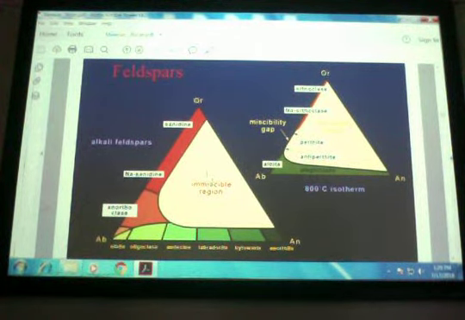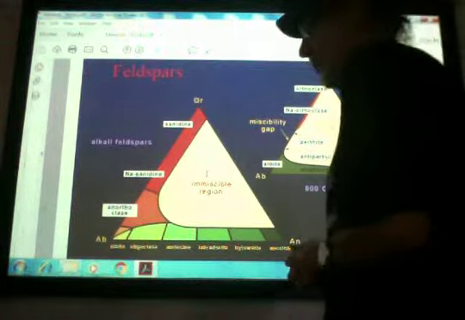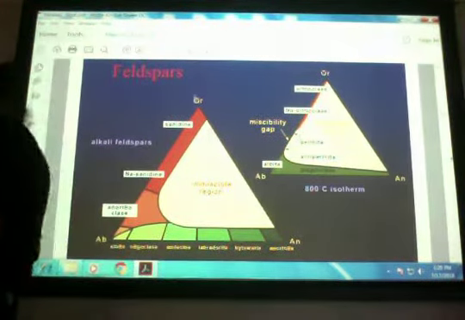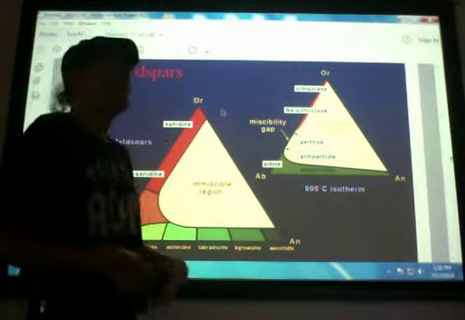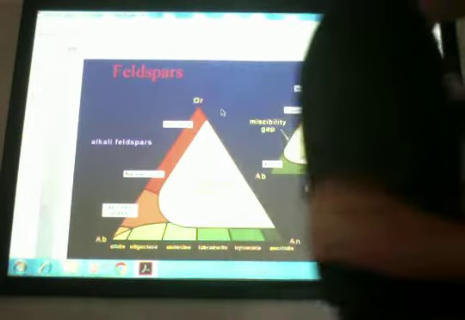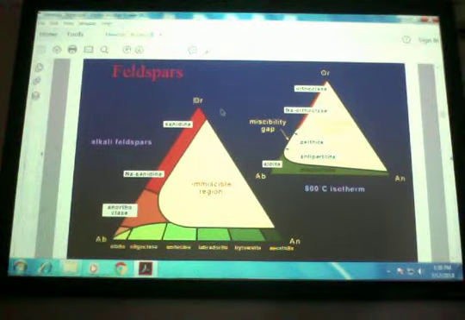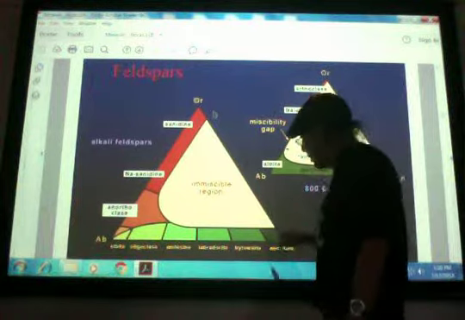If we are looking for metamorphic rocks, then the orthoclase is actually the common feldspar. Yeah? Or under amphibolite facies conditions, you will learn later what the amphibolite facies conditions are, there you have then the microcline. So anyway, there you have different subdivisions.